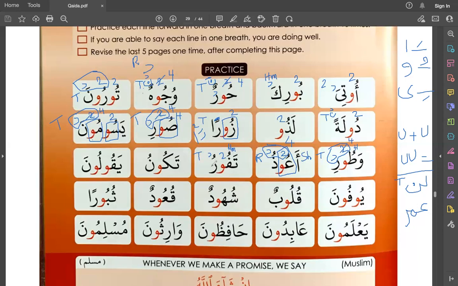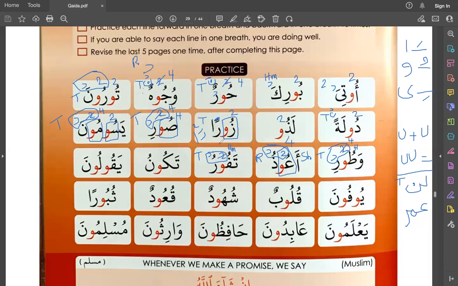So ra with sukoon will get the sifa of tawassut, which is a medium flow of sound. Number 1. Number 2, how will you stop? This is a temporary sukoon, and whenever a temporary sukoon is followed by a 2 counts long vowel, this temporary sukoon will affect this 2 counts long vowel, which was right behind it.